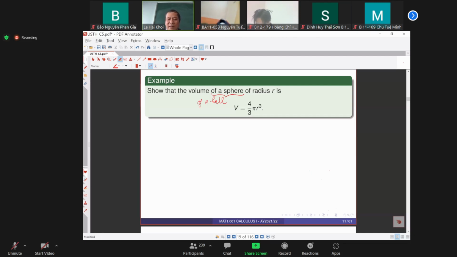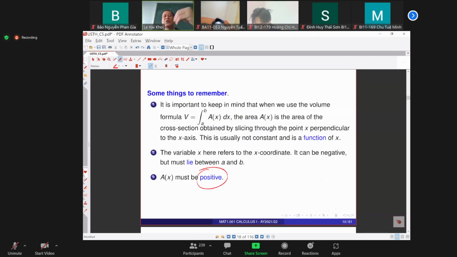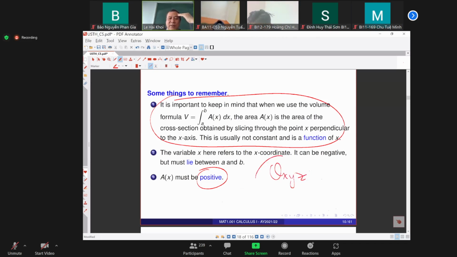Now look at that. First, we should pay attention to this: you need to build up a coordinate system O, X, Y, Z like that. Where is the origin? Where is X? Where is Y? Where is Z?